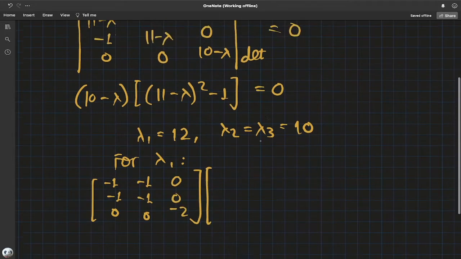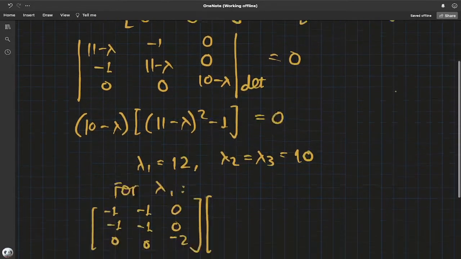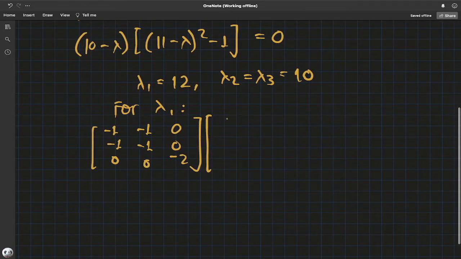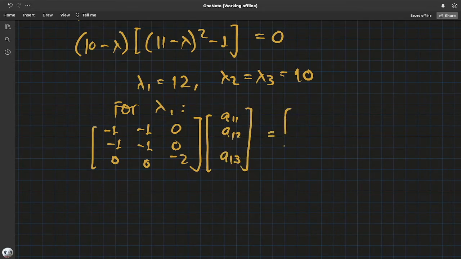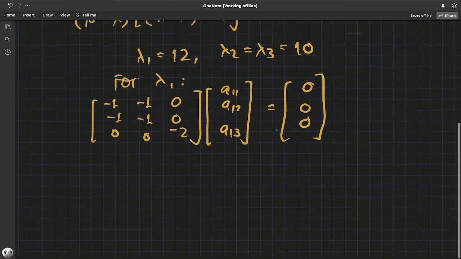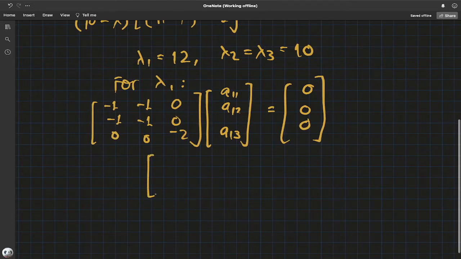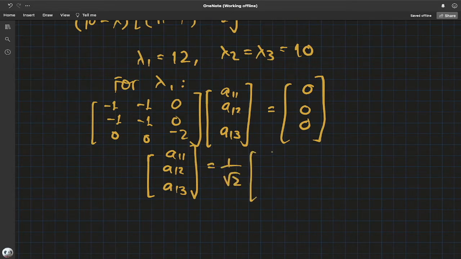E1 is basically the first column of this transformation matrix. So work with the null space, satisfy this equation. You get A11, A12, A13 to just be 1 over square root of 2, 1, minus 1, 0. Because remember, we need to normalize this vector here.